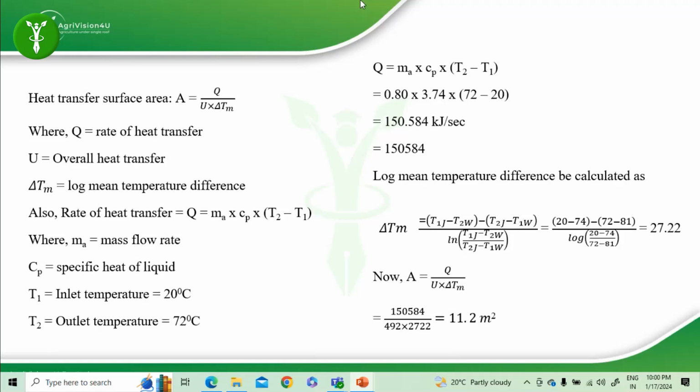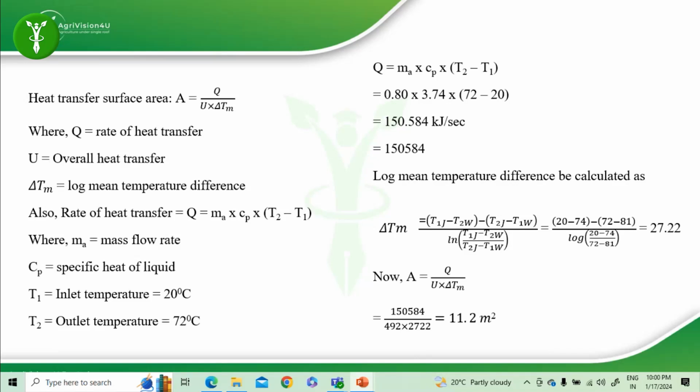Even I solved it, and I found I had made a mistake here. So the value of LMTD is 25.22. Even I'm getting the similar value, and the value of A here will be 12.13. All of you are getting the similar value?